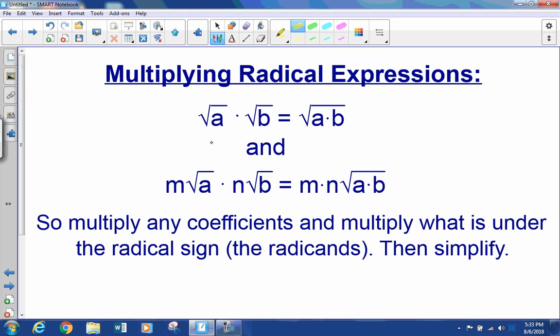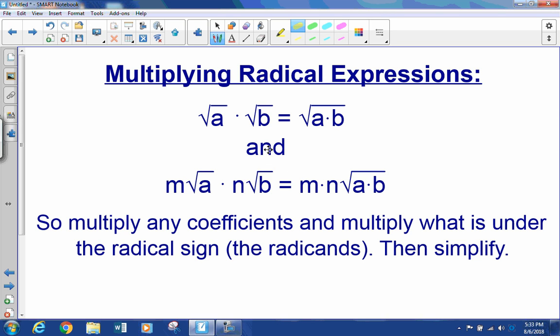Multiplying radical expressions is really not that different from simplifying single radical expressions, except that when you have the product of two individual radicals, they can be rewritten together as the single radical of their products.